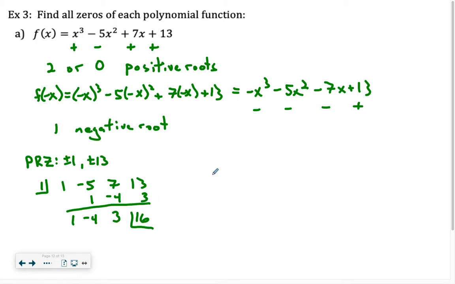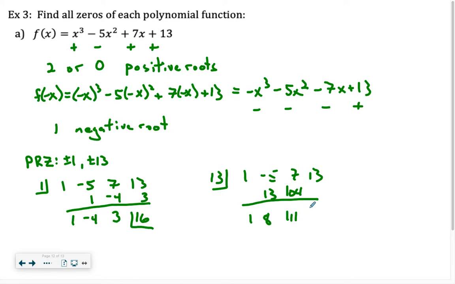Okay, so let's try 13. So 1, negative 5, 7, 13. Bring the 1 down, multiply, add, multiply. So 13 times 8 is 104. I mean, we can already kind of see that this isn't going to work.